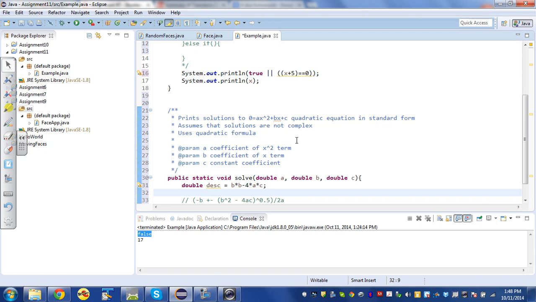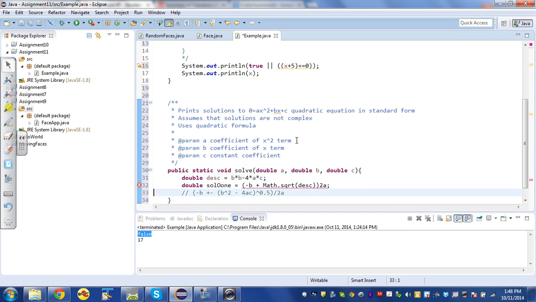And then we can calculate a solution 1, and we can say double sol1 is equal to negative b plus the square root of the discriminant all over 2a, and solution 2 is just minus the square root of the discriminant.